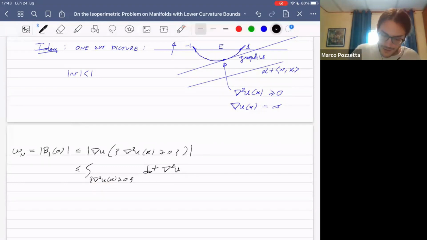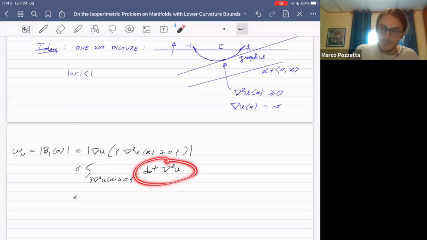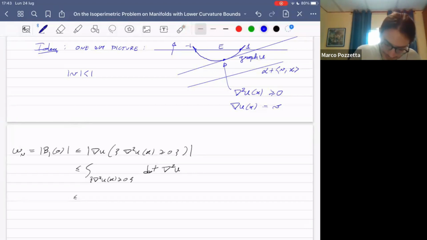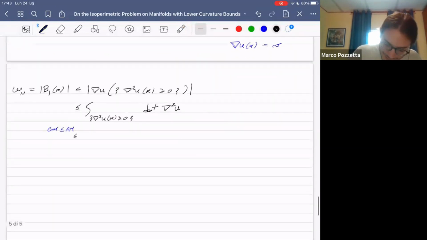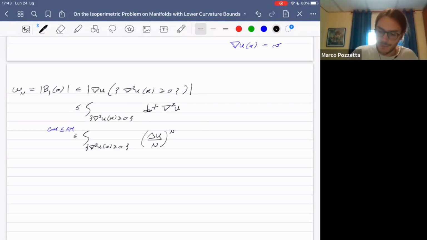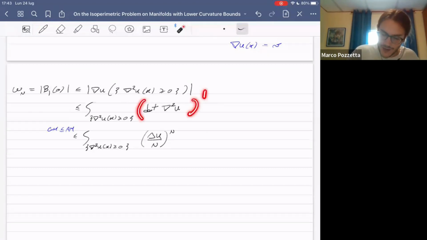But now, exactly because I am on this set, if I think of this determinant as the product of all the eigenvalues, I can apply the fact that the geometric mean is less than or equal to the arithmetic mean. And so in the next step, I still integrate on the set where the Hessian is non-negative, but in place of the determinant, I can put the Laplacian of u over n, raised to the power n, because in the geometric mean I would need 1 over n here.